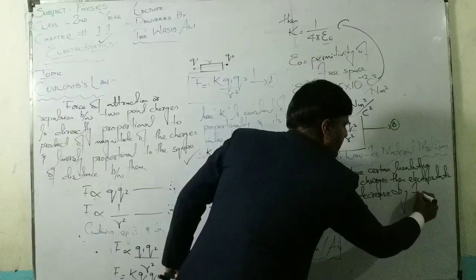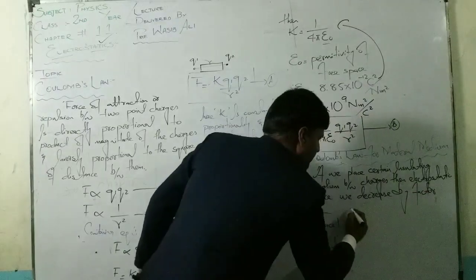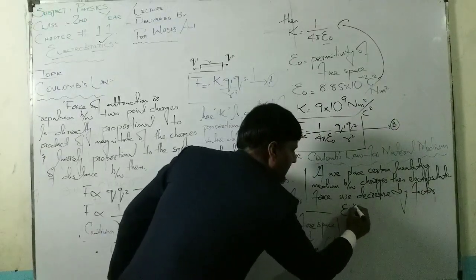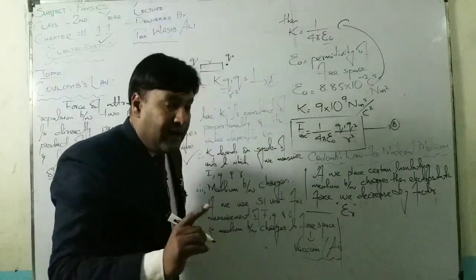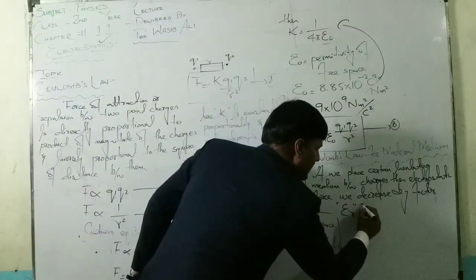How much? By the factor epsilon r, known as relative permittivity.